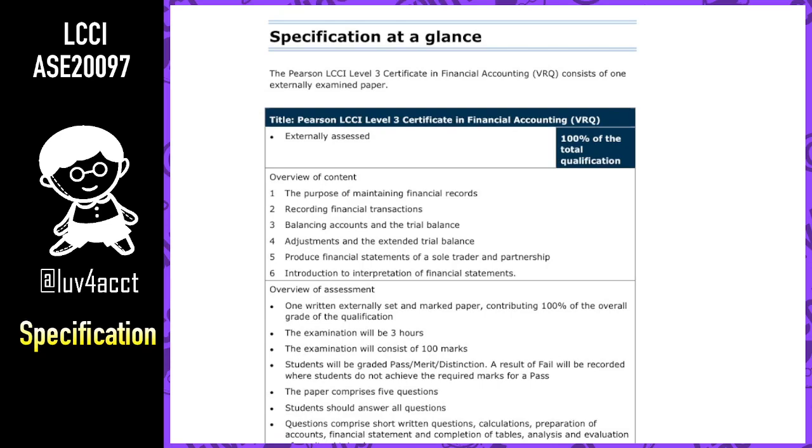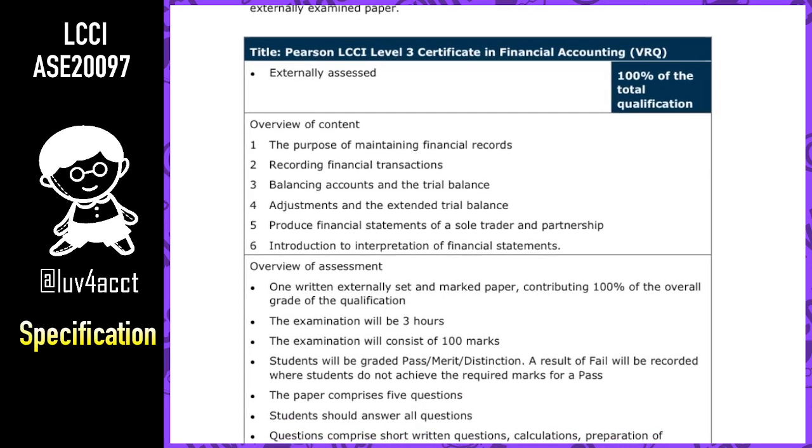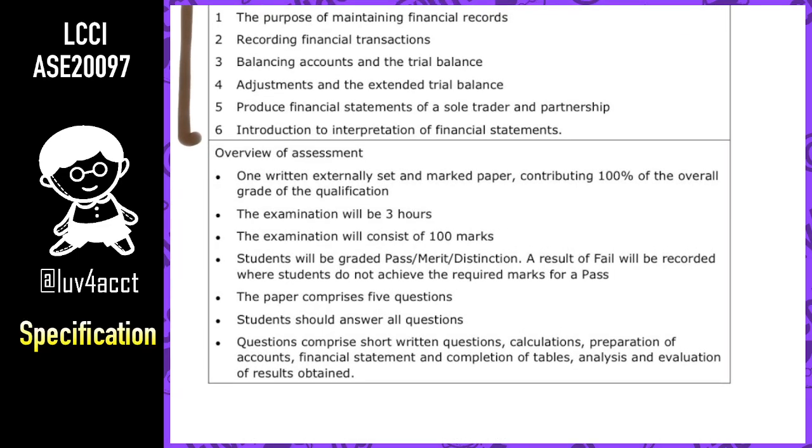Very important page. There's an overview of the content. It doesn't tell you much, just a very brief overview. What I find more important is, first of all, it will be a written paper, of course. 3 hours, 180 minutes.